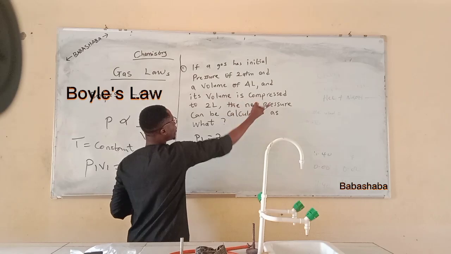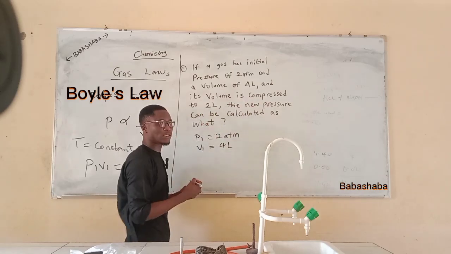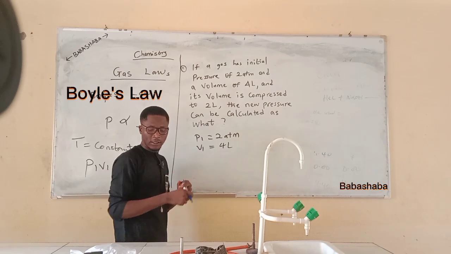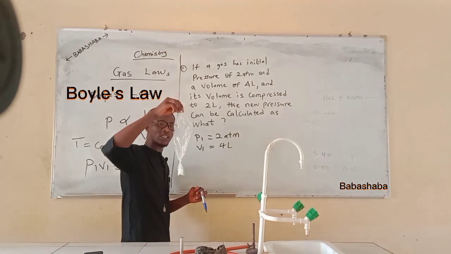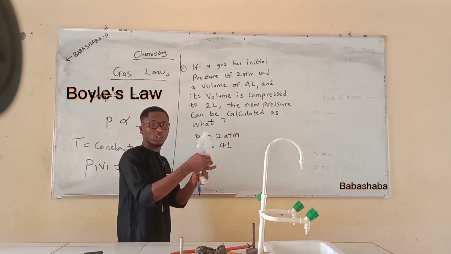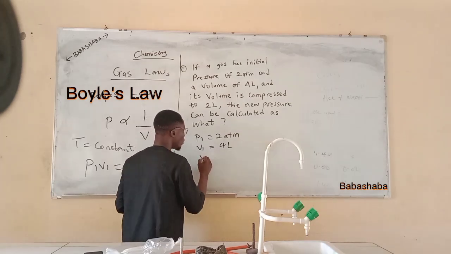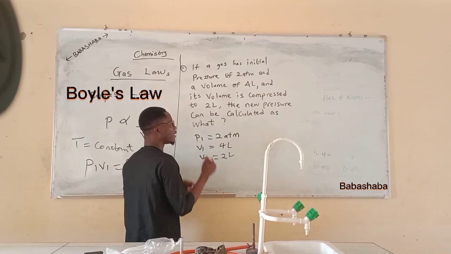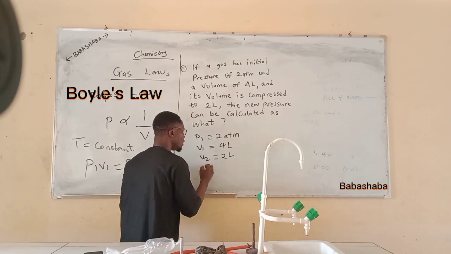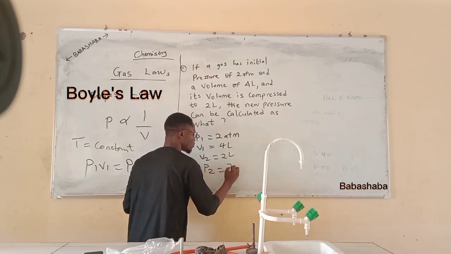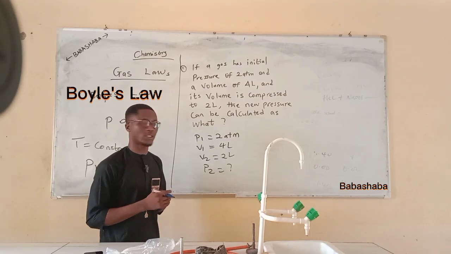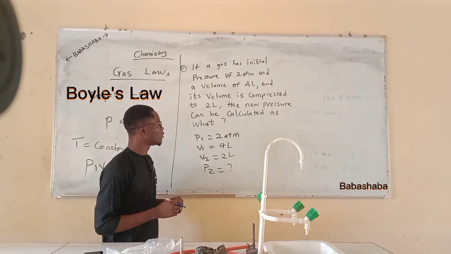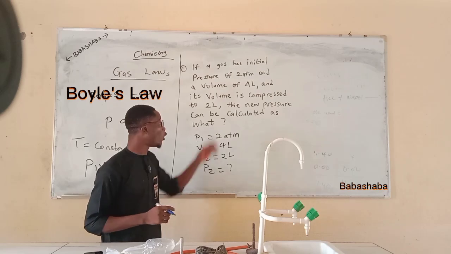And its volume is compressed to 2 liters. The way I was compressing this very container the other time, the volume was reduced. So our V2 is now 2 liters. Then what we are asked to calculate is P2, the final pressure when all this was done.